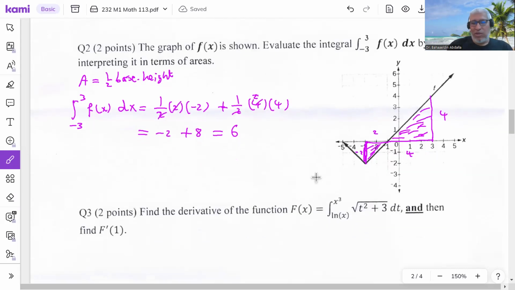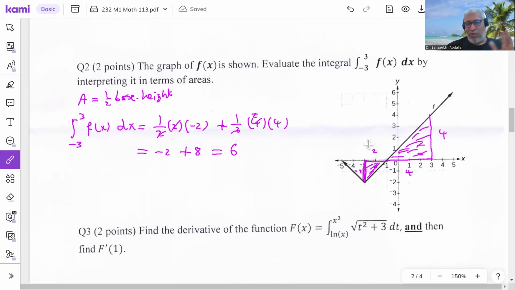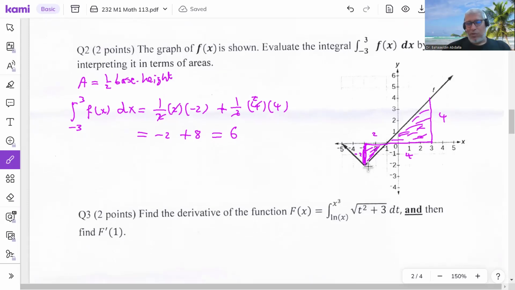If you want to check your answer here, you can find the equation of this line. This is something beyond answering the question. This is just for you if you want to find whether your answer is correct or not. So you can find the equation of this line, and this line passes through the points -1, 0, and the point 0, 1.